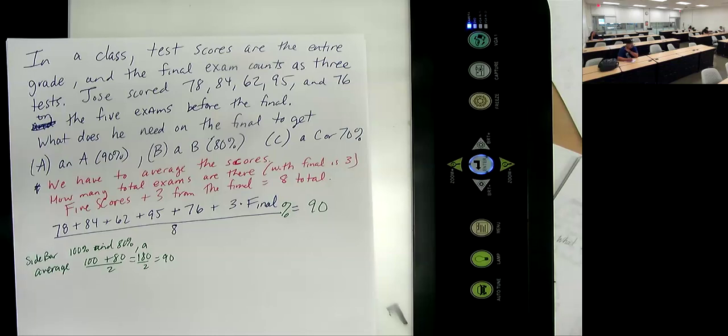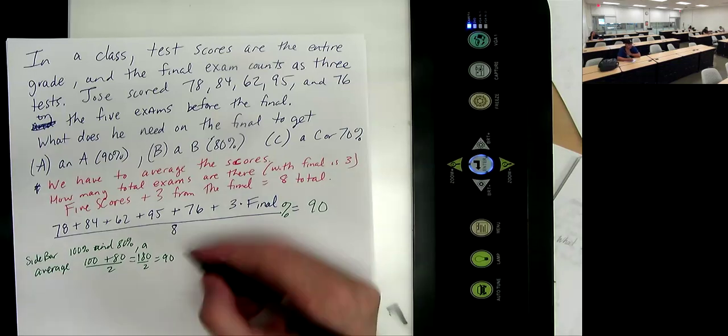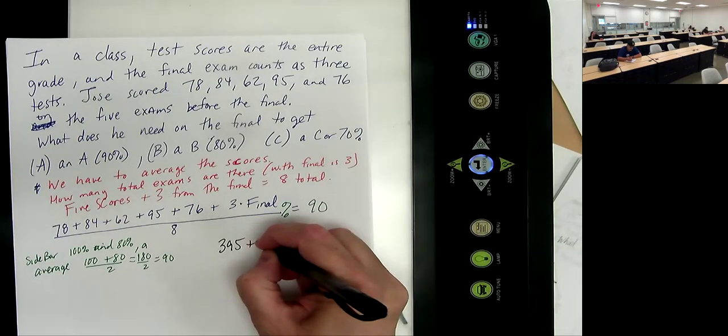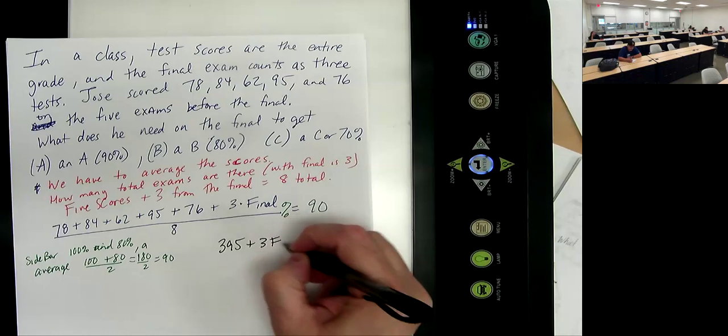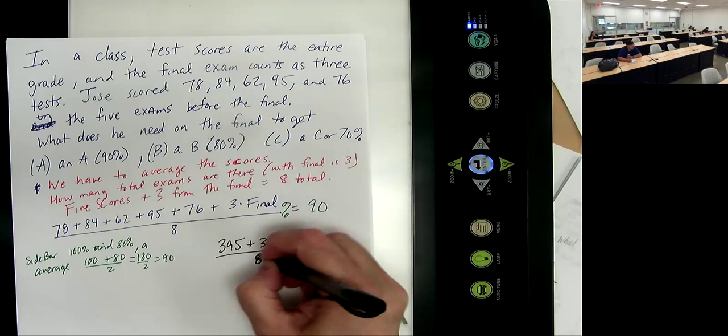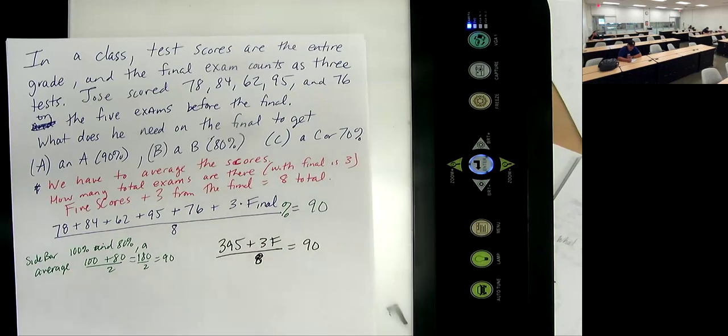So I added up those first 5 scores. I got 395. I'm going to say plus 3F to save some room, over 8, equals 90.